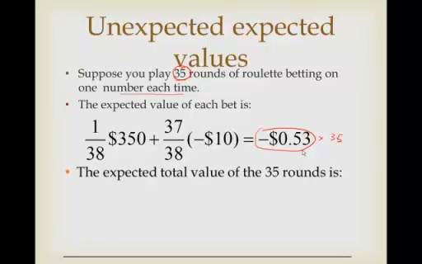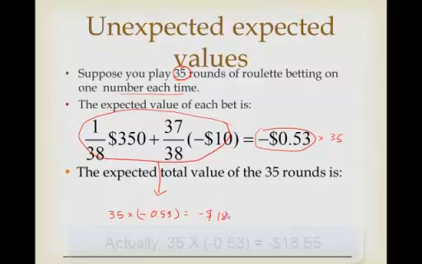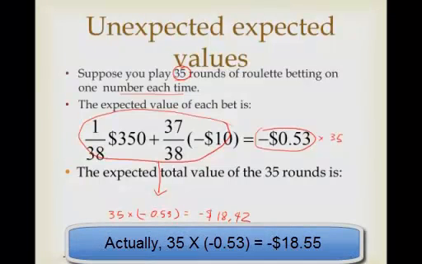Well, yeah, it is. So we'll say it's 35 times minus 0.53, and that turns out to be minus 18.42.